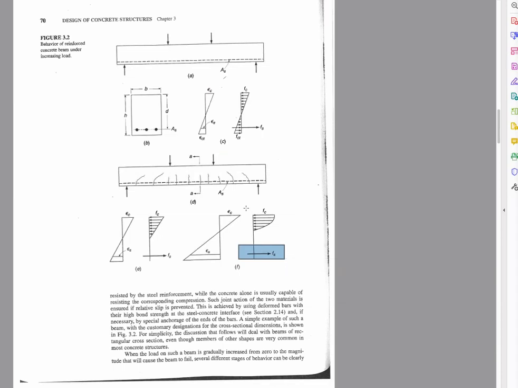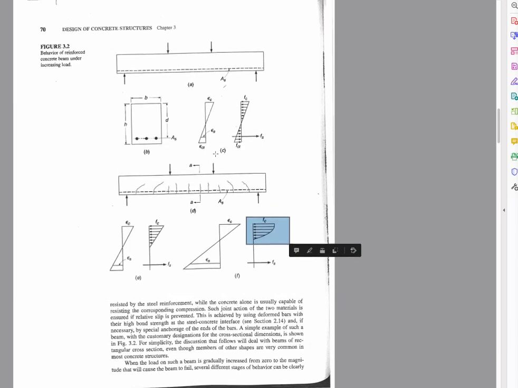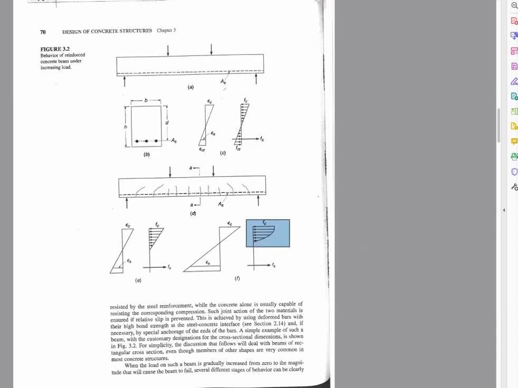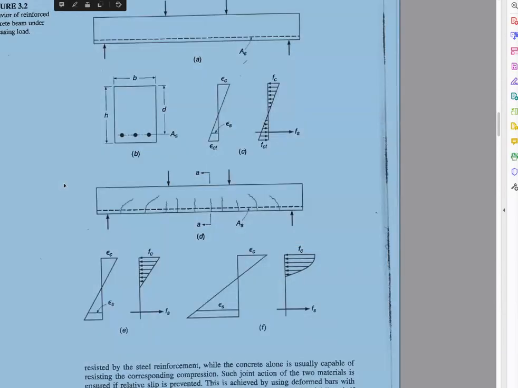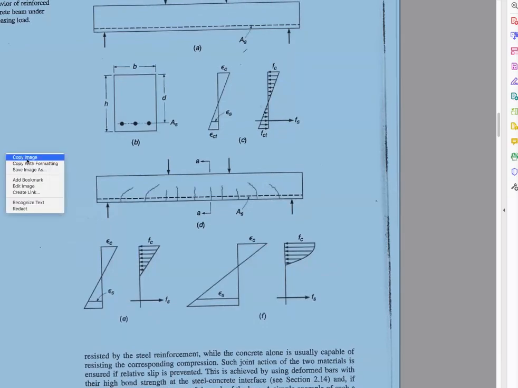And in compression, you have a distribution of compressive forces that looks something like this. It is a parabolic type distribution. I think we'll see a better version of this in the next slide.